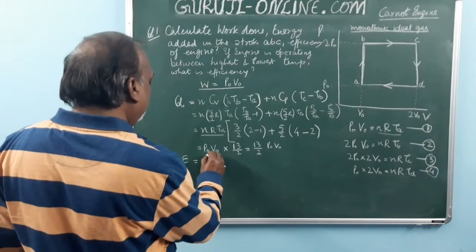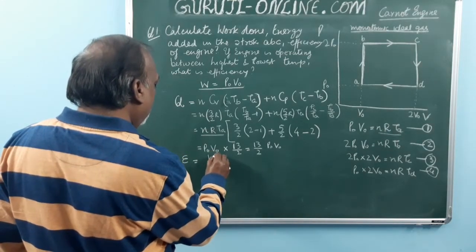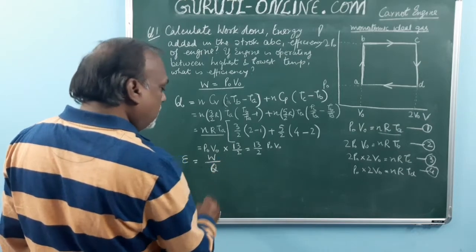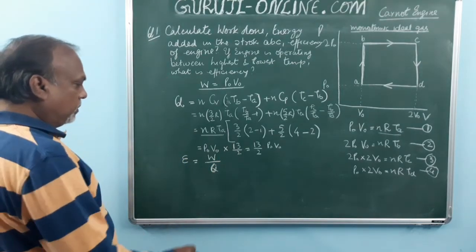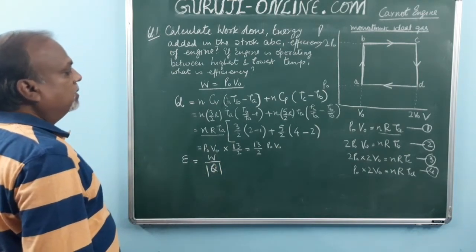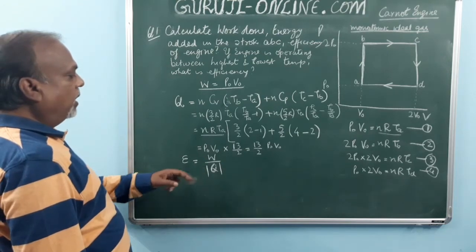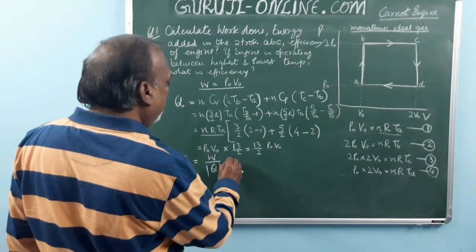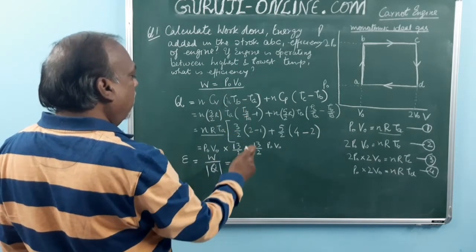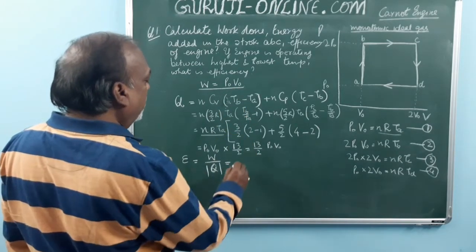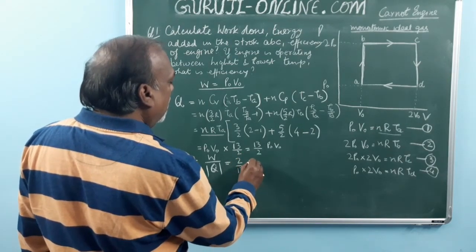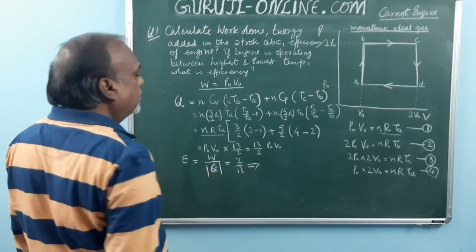So what is the efficiency? That we know, W upon Q, the energy added. W upon this, and this upon this will give you 2 by 13.